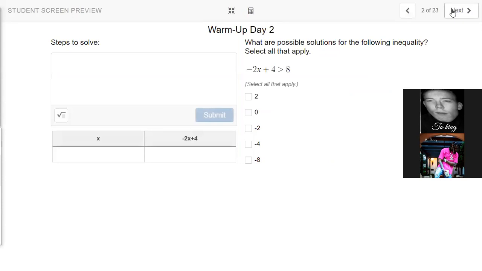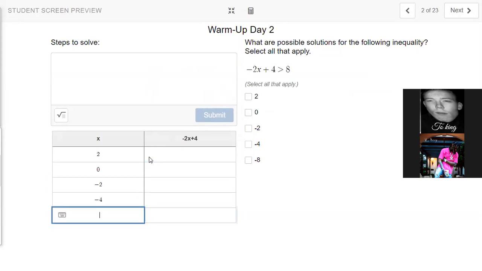There's a warm up. See if you can, and here I'm giving you some options. You can actually go in and type out -2 times x, which is over here, 2 plus 4. -2 times 0 plus 4.